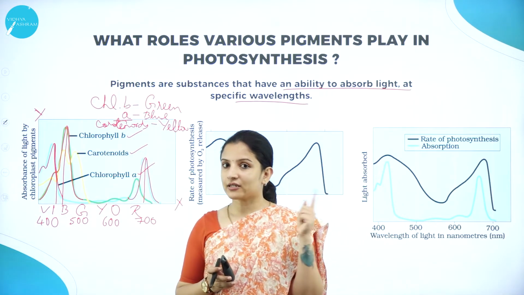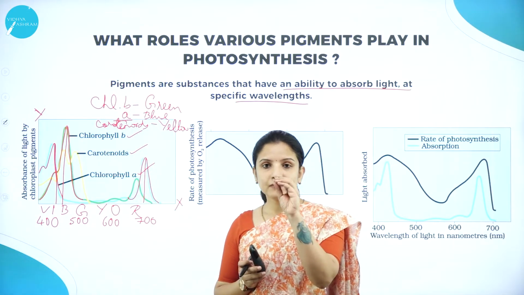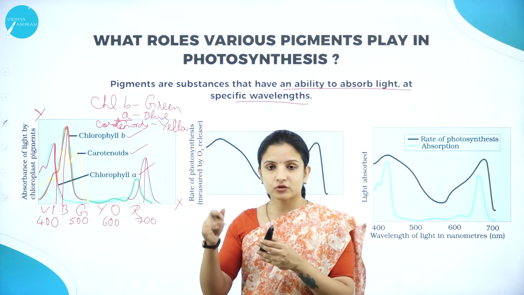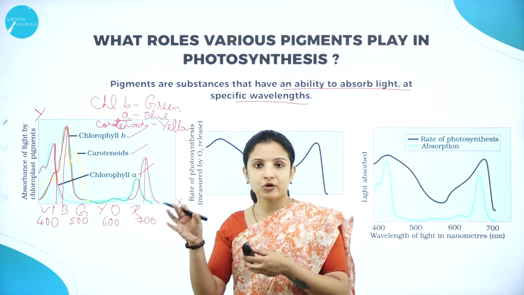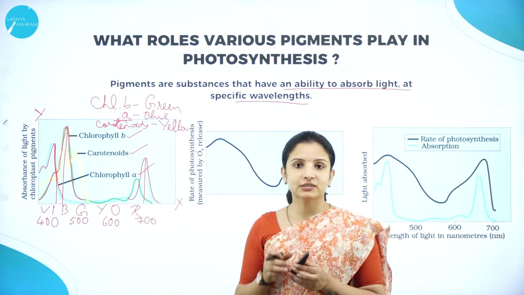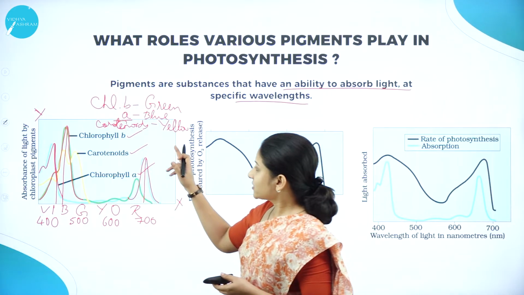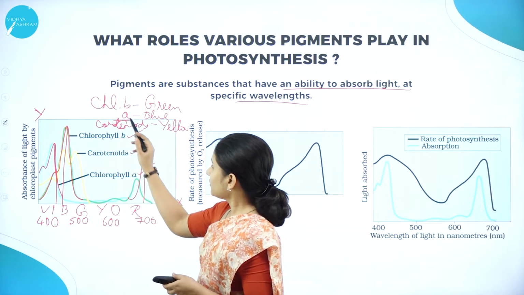Remember that prism experiment? When light passed, wherever blue and red light was falling on the plant, photosynthesis was more and oxygen was more, so the aerobic bacteria started moving towards that particular light, right? So which pigment absorbs both red and blue light? It is chlorophyll A.